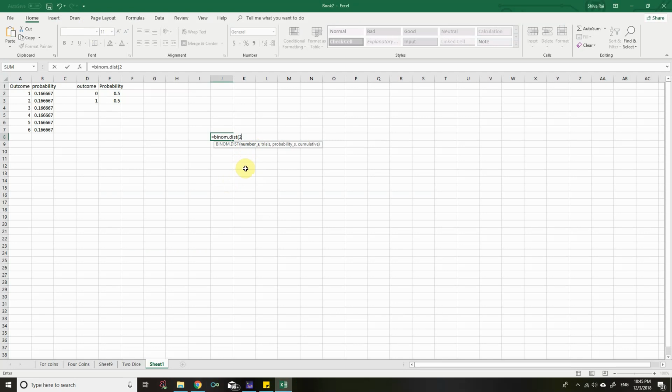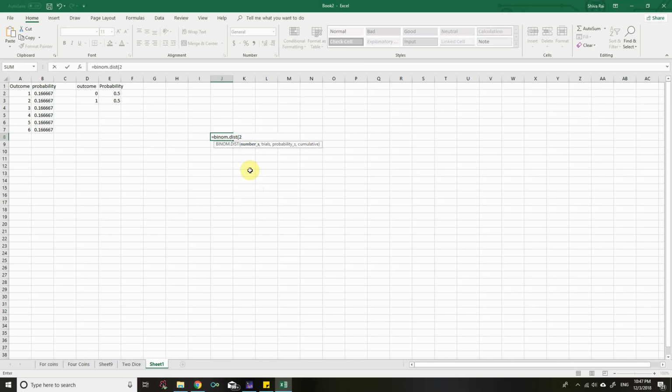And trials, how many trials are possible. So let's type this formula in Excel, which is equal BINOM.DIST, and number_s means the number of successes that we want.